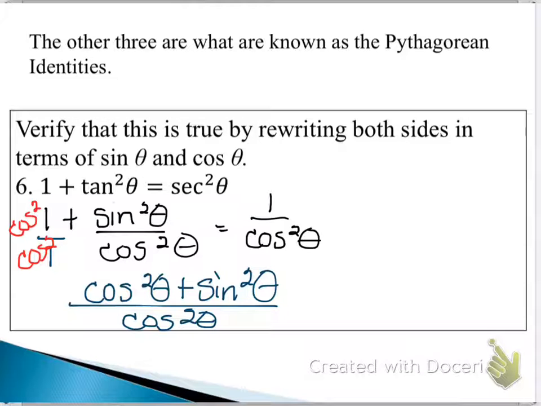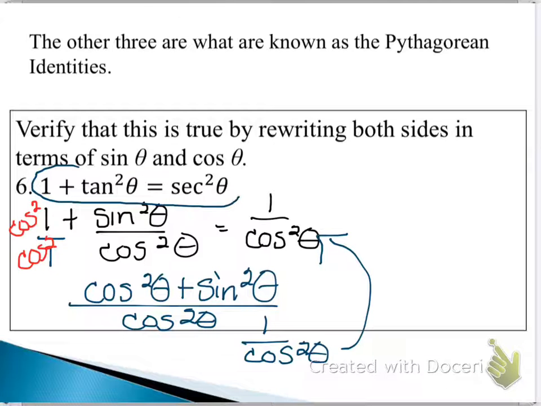And we're looking at verifying this, and you will notice that cosine squared theta plus sine squared theta equals 1. So this would be 1 over cosine squared theta, which verifies it right here. So we can use this identity, that 1 plus tangent squared theta equals secant squared theta.